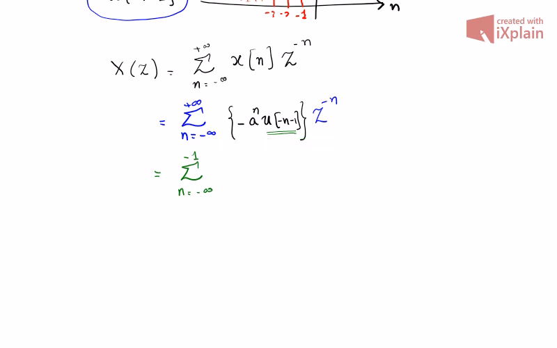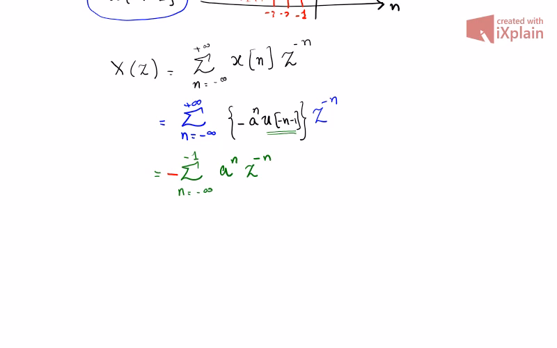The reason is this function is only available for minus infinity to minus 1, so it is non-zero only in this range. So we can rewrite it as minus the summation from minus infinity to minus 1, and the negative sign I would just write outside the summation, and here you can write a raised to the power n, z raised to the power minus n.